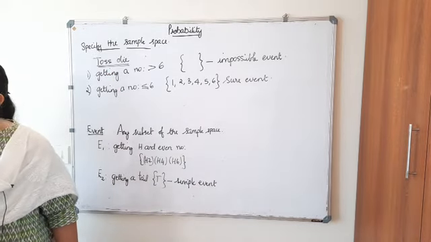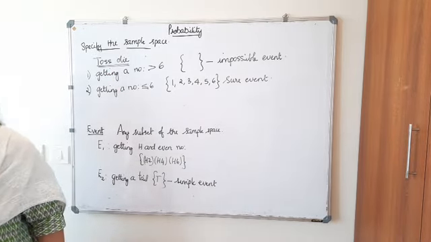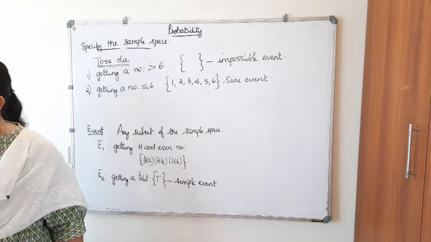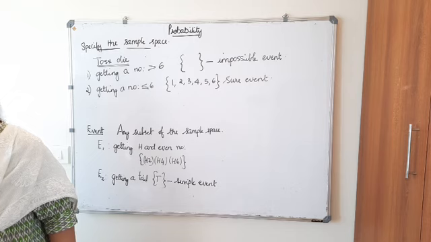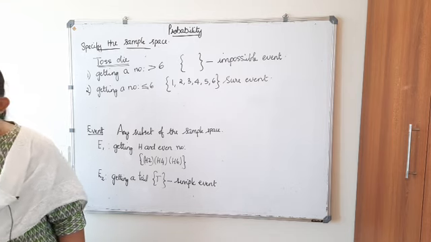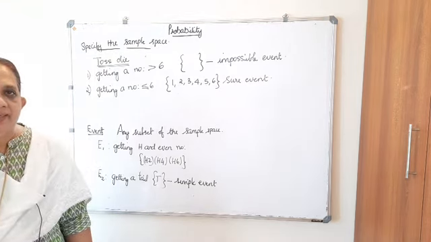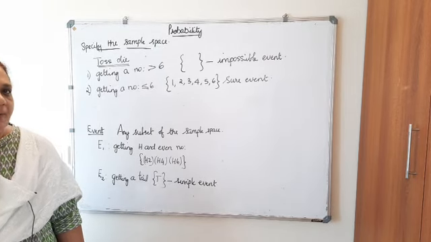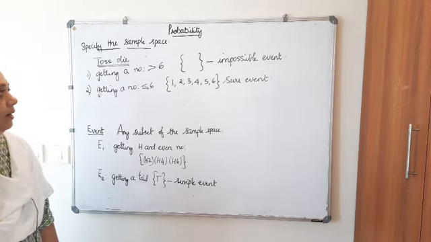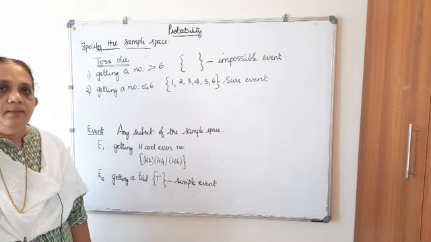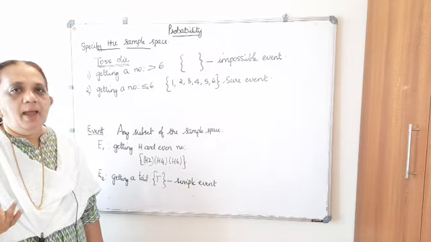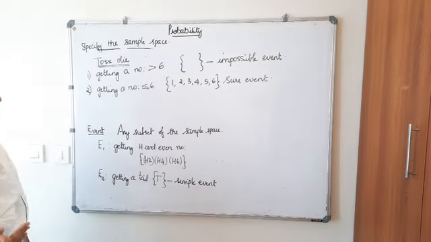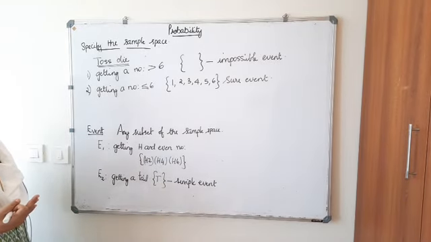So you have studied the properties of probability: random experiment, sample space, infinite sample space, finite sample space, then events, simple event, impossible event, and sure event. These are the things that we have studied today.